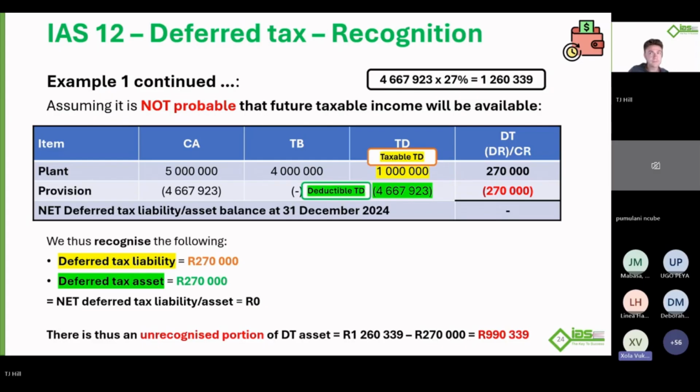Let's say, for instance, right now, this deferred tax, the plant. Let's say the plant was a million, and the provision would also cap it to 1 million because we can't do over. What am I trying to say now?